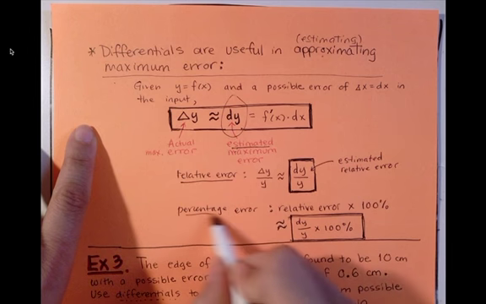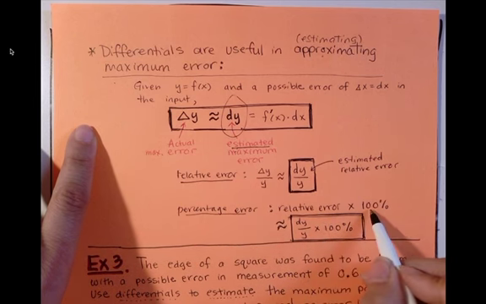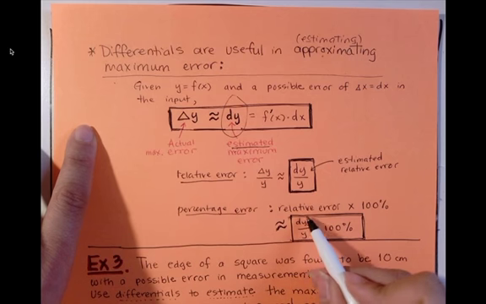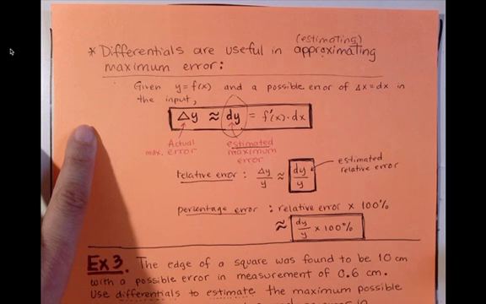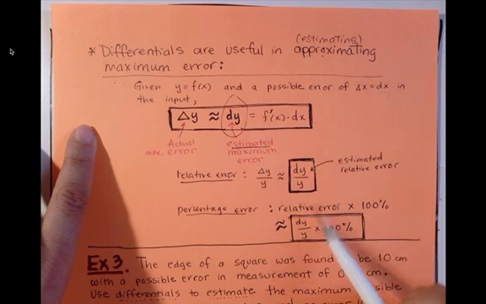The percentage error, all we do is multiply the relative error by 100% just to turn it into a percent. So the estimate that we're going to use is the estimated relative error multiplied by 100%. I'm going to do an example to make this more clear, but these are the three things you want to remember for your homework.